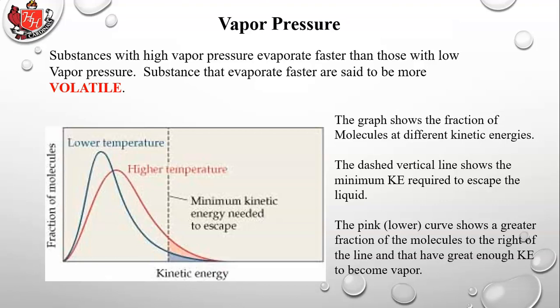Whereas at a higher temperature, a greater fraction of the molecules can get to the right of that dashed line, and that's why you see more area under the pink curve to the right of the line than under the blue curve. So a higher fraction of molecules are able to escape the liquid. And so you should recognize what this is saying and know how to interpret it.